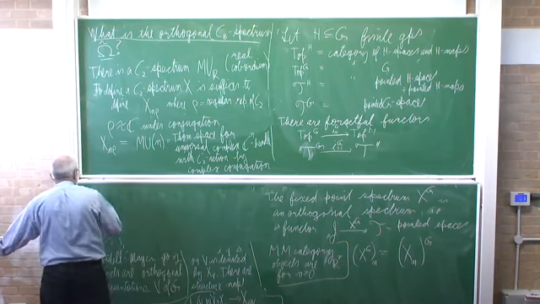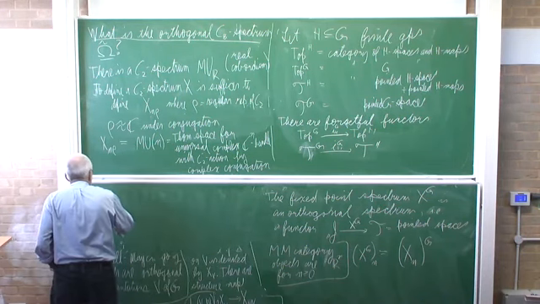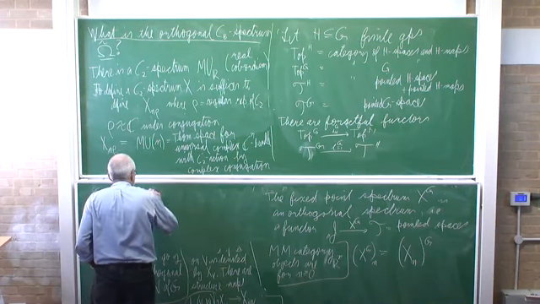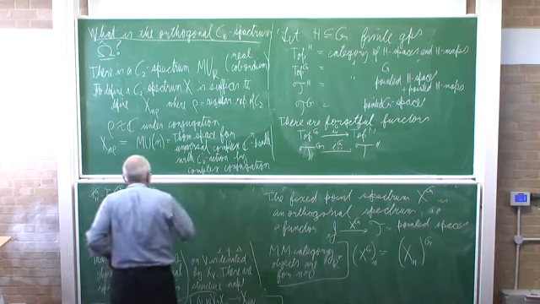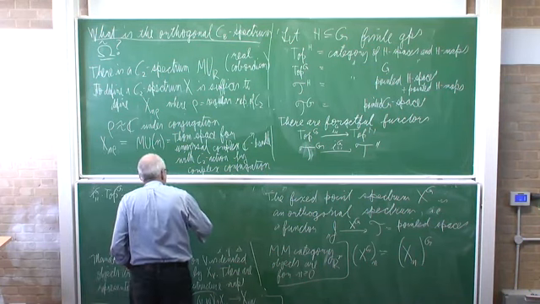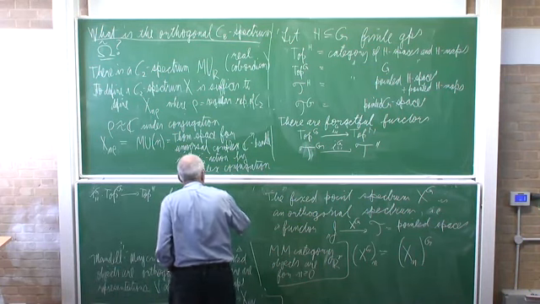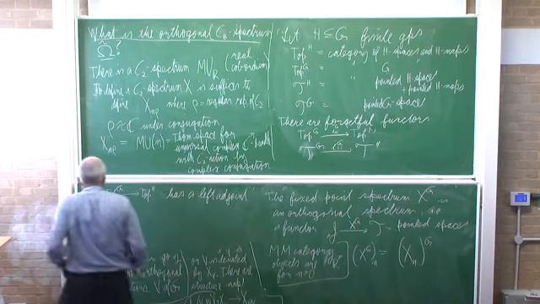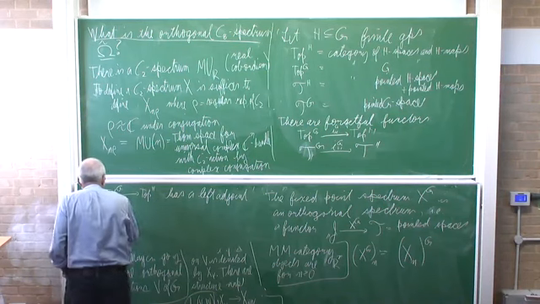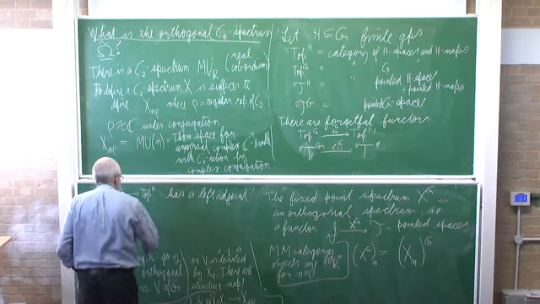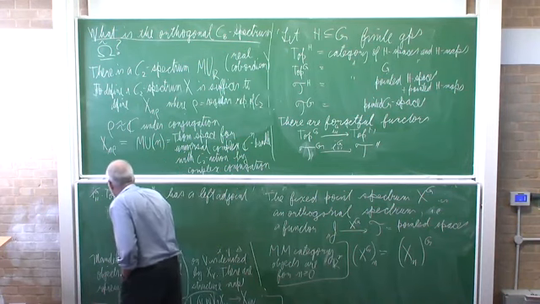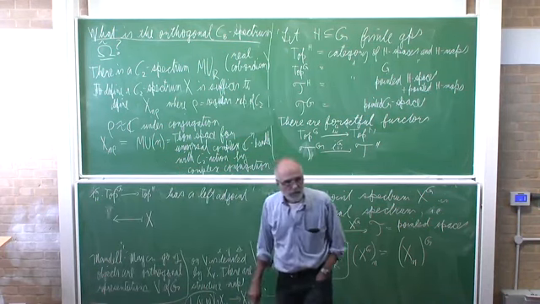So it has a left adjoint. So the left adjoint is going the other way. So I start with an H space X, and I want to build a G space out of it.